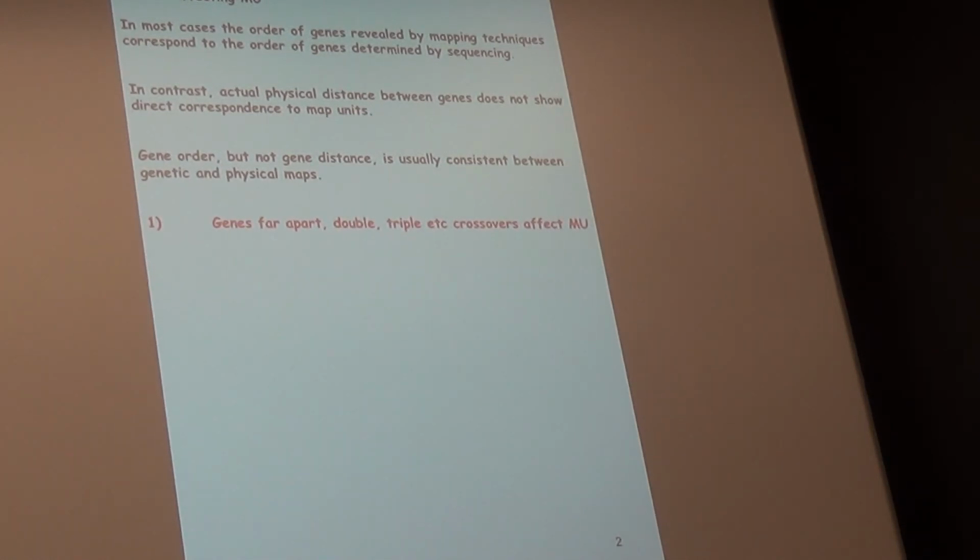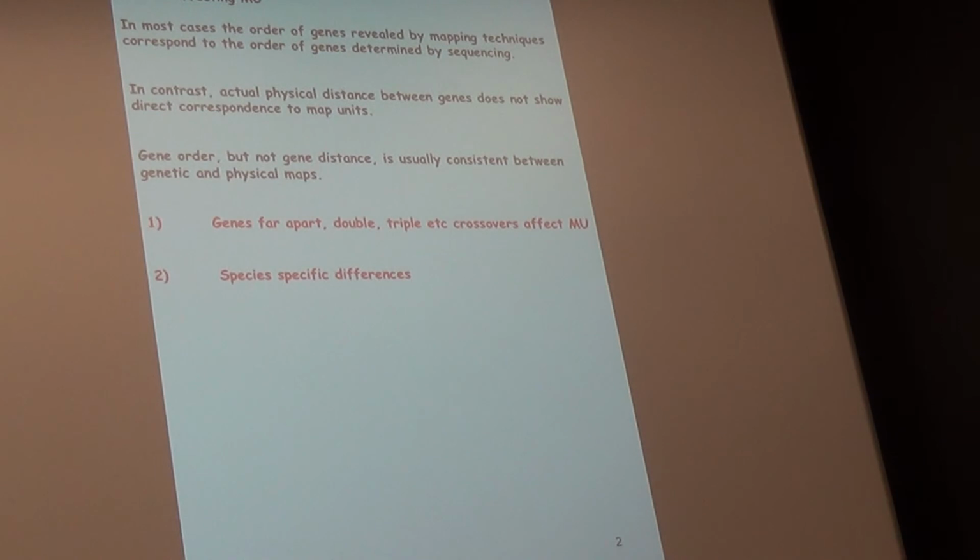This reduces the observed number of recombinants, so they will appear closer than they actually are, and you have to take into account the number of crossovers taking place. But there are other differences as well. This one we've already covered: double crossovers mask the recombinant class, so you get a reduced number.